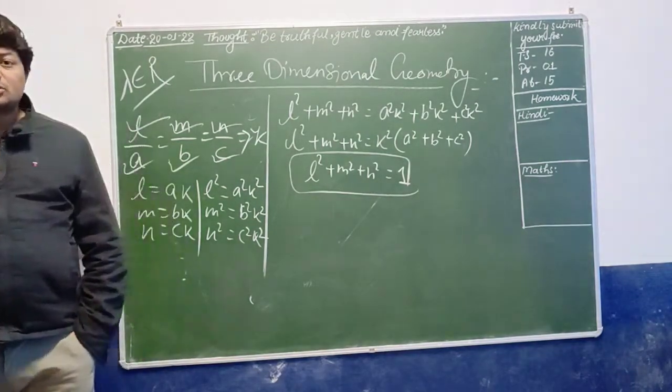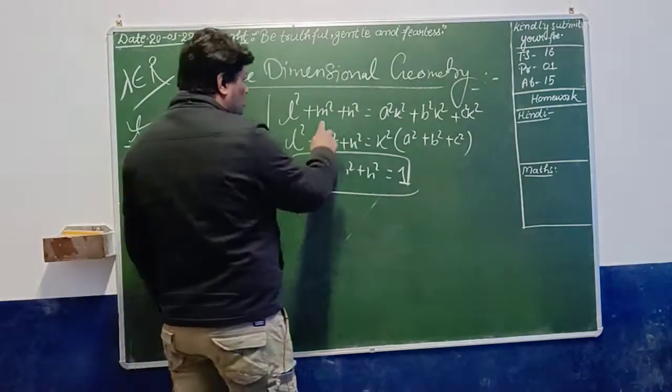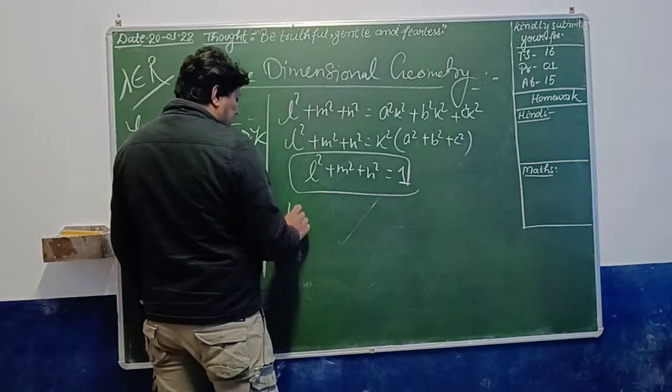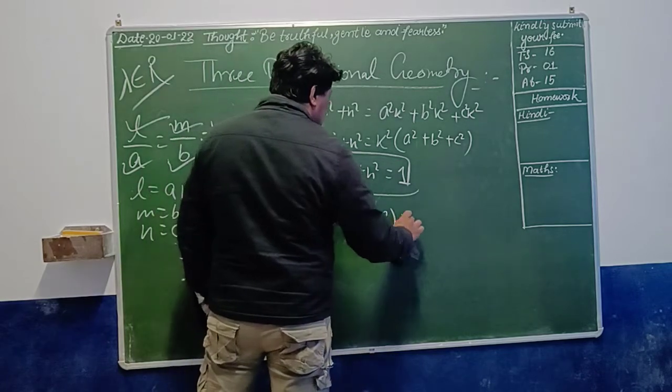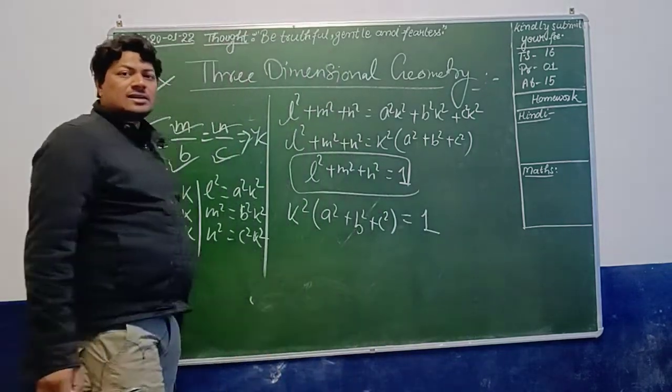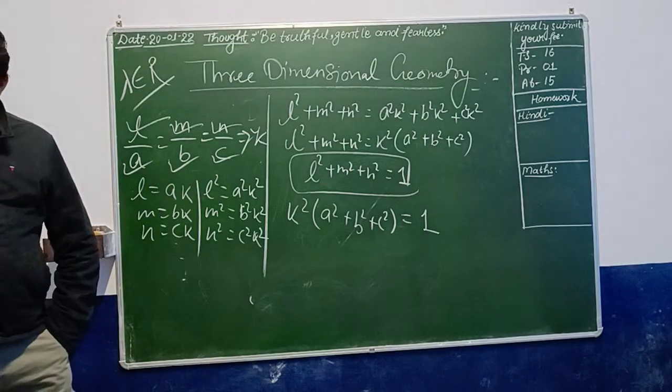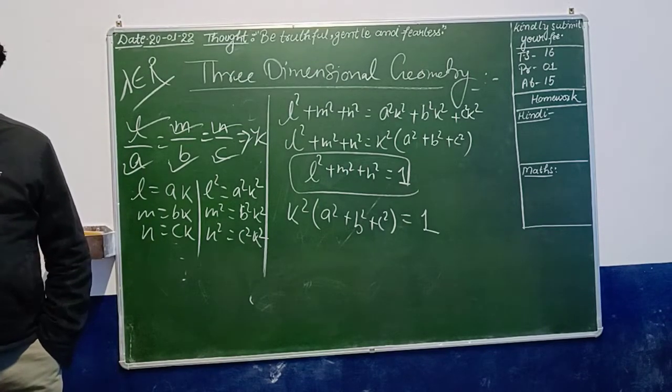Is it clear? If we have this term equal to 1, then if you put it here, you will get K square times A square plus B square plus C square equal to 1. Any doubt up to this point?